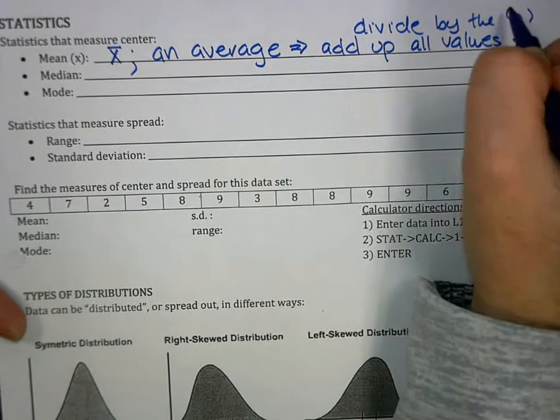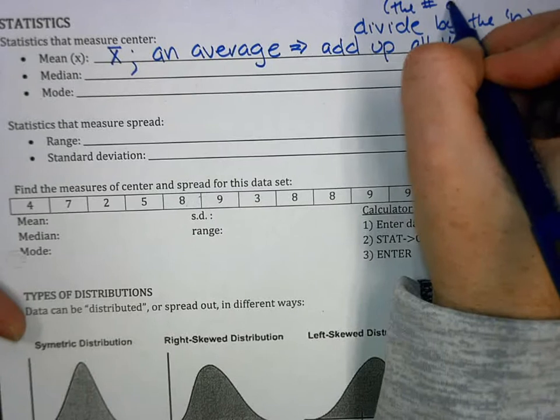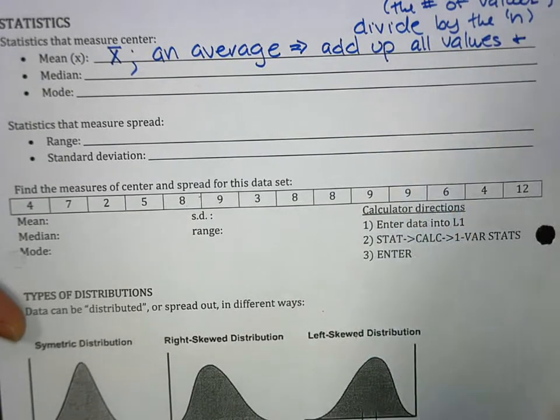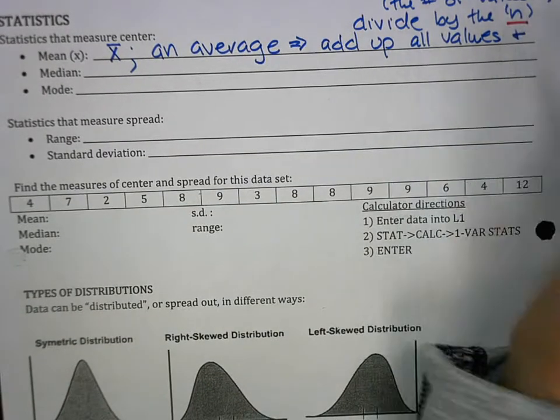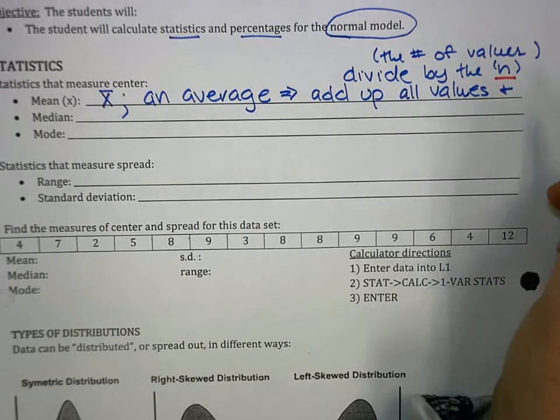N being the number of values. Okay, we know this. The only new thing here is perhaps that n, you'll find it on your calculator. That's how many values were in the data set.